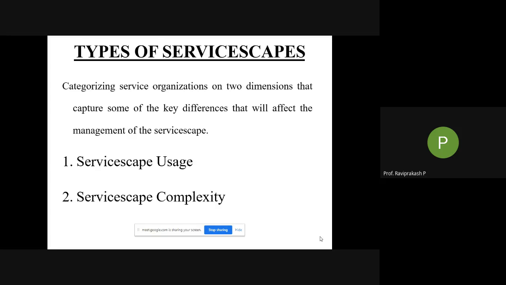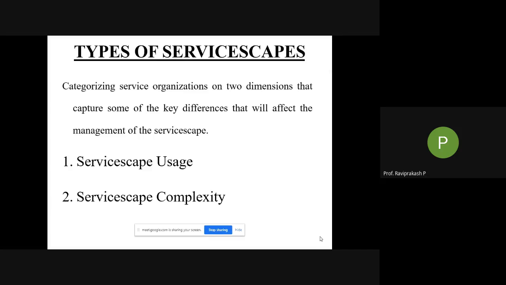This is very important to know. In the coming slides I'll be giving you some examples of servicescape usage. First we need to make sure whether it is being used by only the customers, only the employees, or both. These come under servicescape usage.